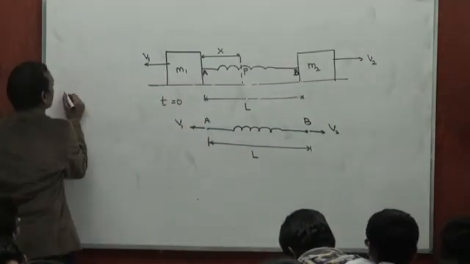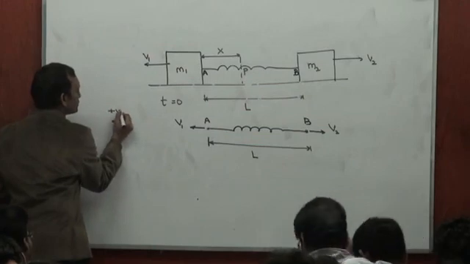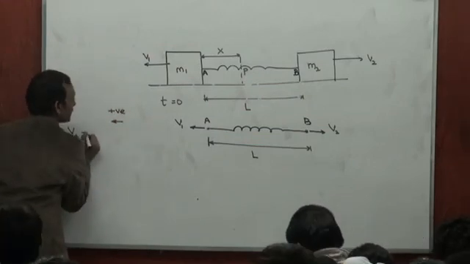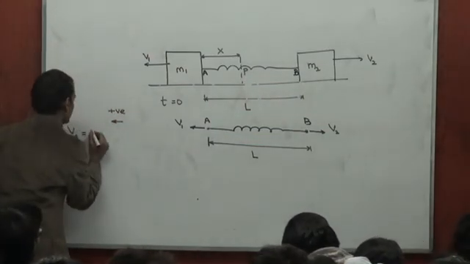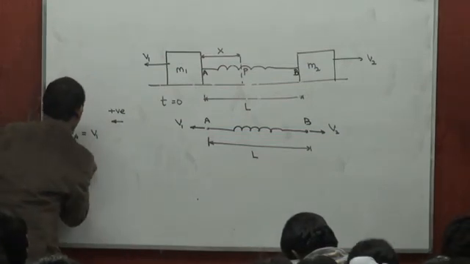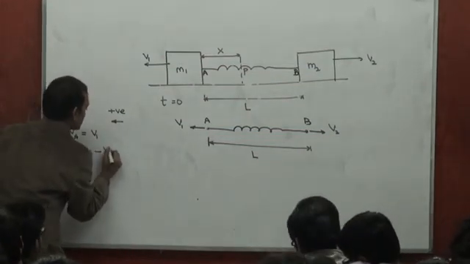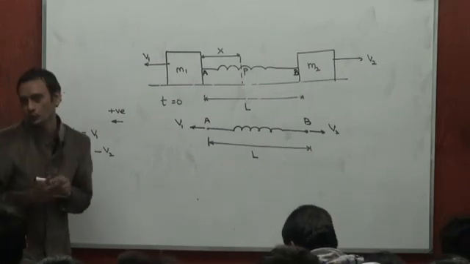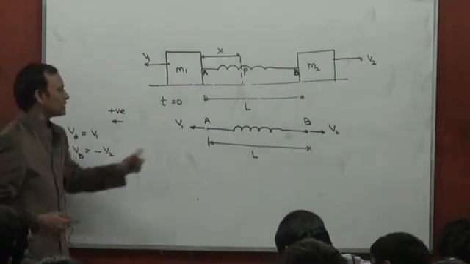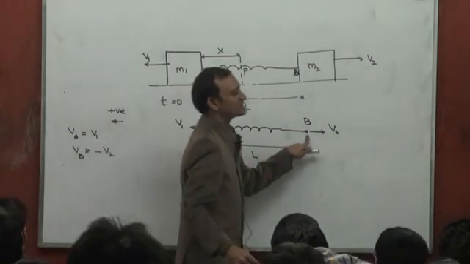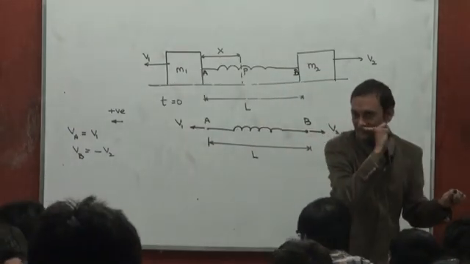If I choose leftward positive, then the velocity of the end A of the spring is V1. Velocity of end B of the spring is minus V2. Yes or no? If I choose leftward positive, then this end has plus V1 and this end has velocity minus V2, right?